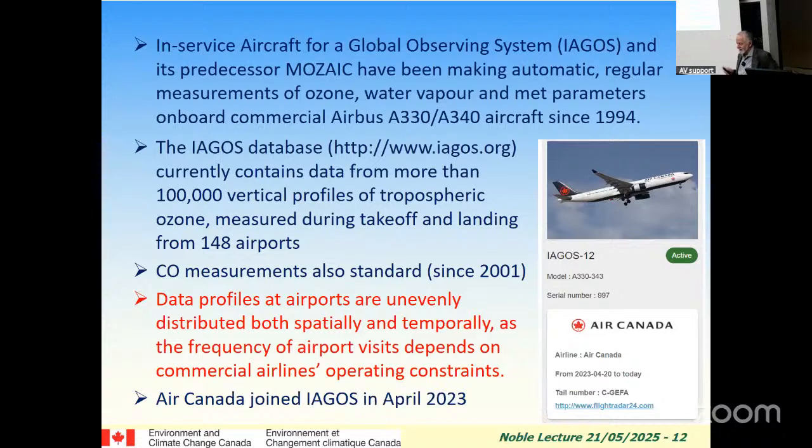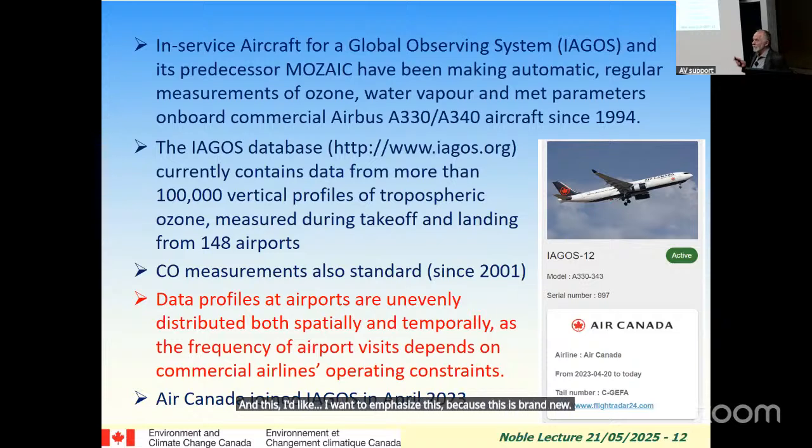And this, I want to emphasize because this is brand new. For years, literally decades actually, myself, some of my colleagues, other colleagues also tried to get Canada to be part of this commercial aircraft system.